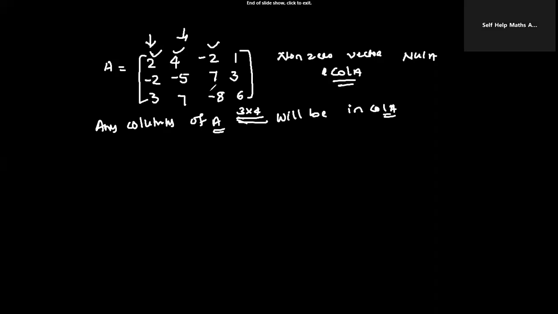But whenever they ask you to find a non-zero vector in Col A, any column belonging to that matrix will be a vector in Col A.